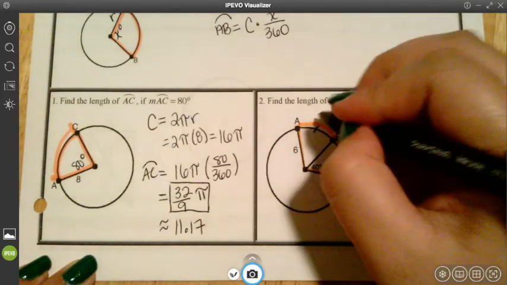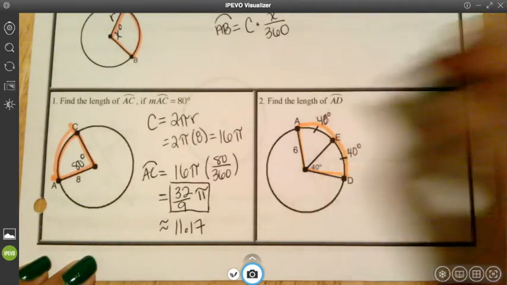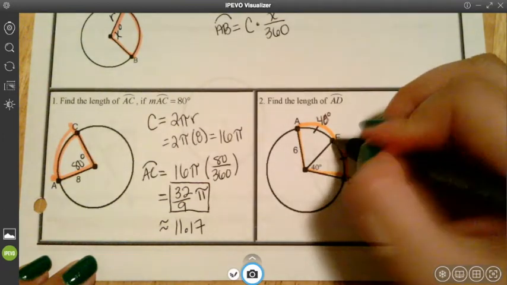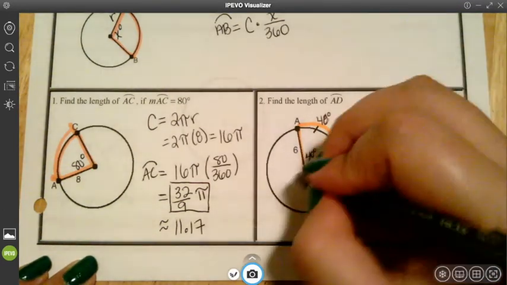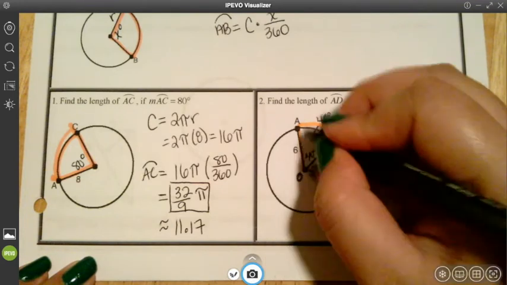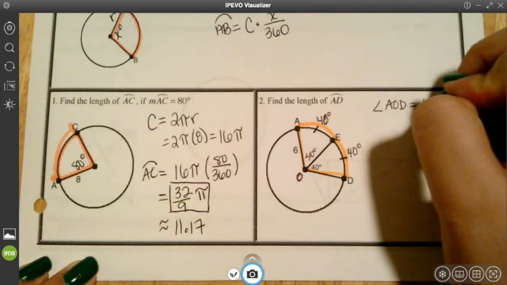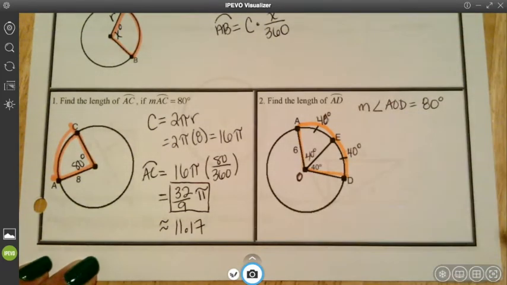If they're congruent, that means arc AE is also 40 degrees, which means that angle A to the center to E is also 40 degrees. So that angle, if we call this O, AOD equals 80 degrees, right? We had 40 and 40 to get 80.